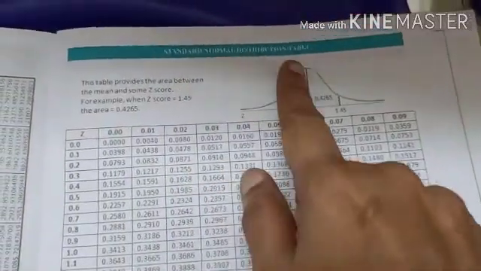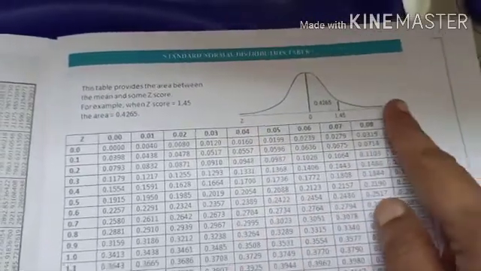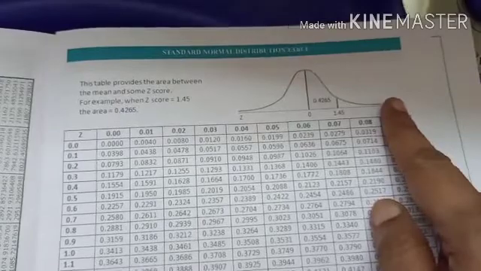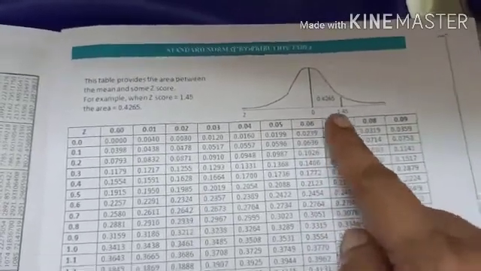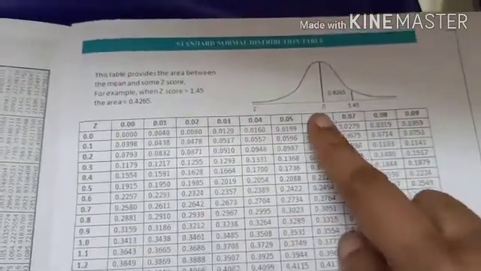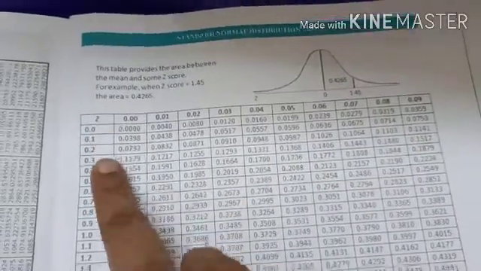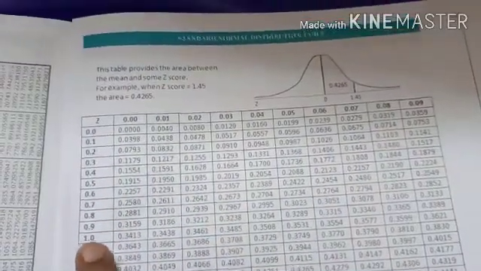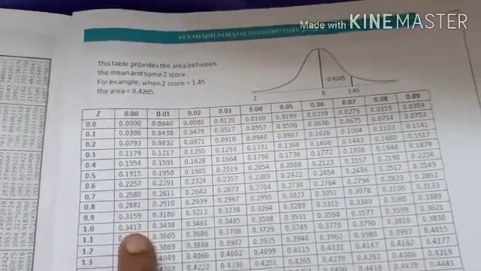Standard normal distribution table. We have minus infinity to plus infinity. When you want 0 to a particular z value, you can refer to this table. For example, if my question is 0 to 1, you must check under z 1. So 1 under 0, my value is 0.3413.